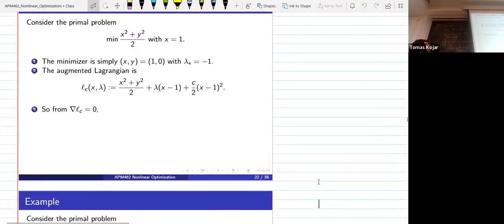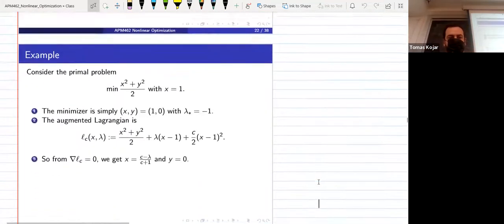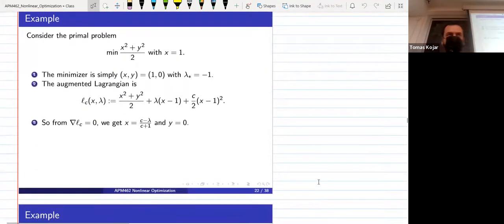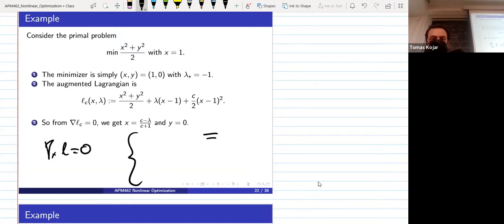All right, so set the gradient of the augmented Lagrangian to 0, and let me do this with you now. So can someone tell me what the system is for X and Y? We talked about it just a few minutes ago.